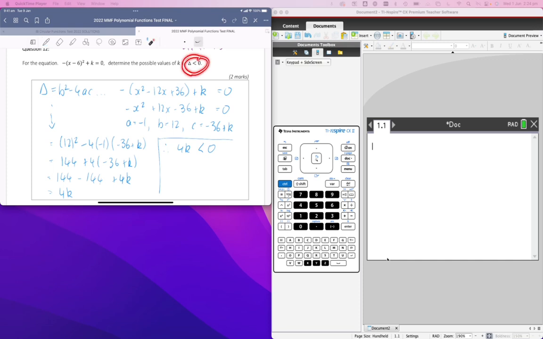Discriminant is less than 0. So what does that mean about k? Well, if I divide both sides by 4, that's fine. So I'll have k is less than 0, which is what I had before with my more thinking but less calculating way of doing it.